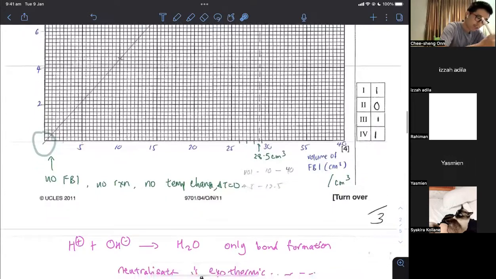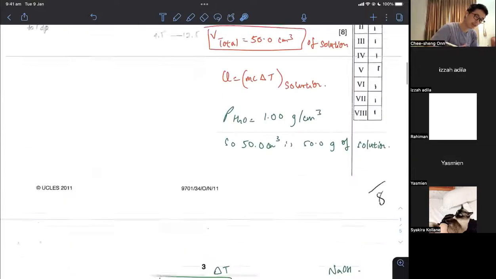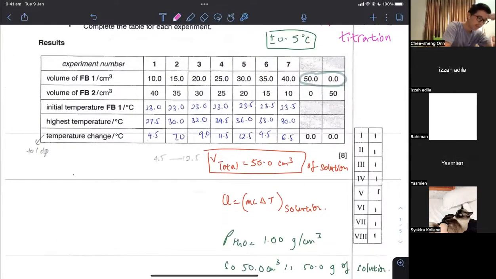The rest of the questions is pretty much straightforward because you have delta T and then you have the volume of the NaOH. Now, when you do this kind of questions, the trickiest bit is to find the enthalpy of neutralization. The trickiest bit in this question comes down to whether you understand what's going on or not. Your thermometer is like that. What have you mixed?